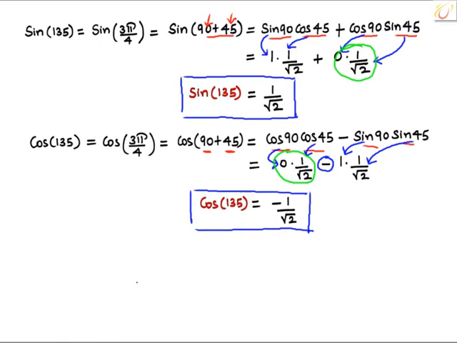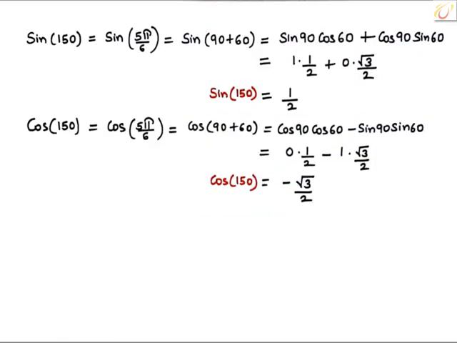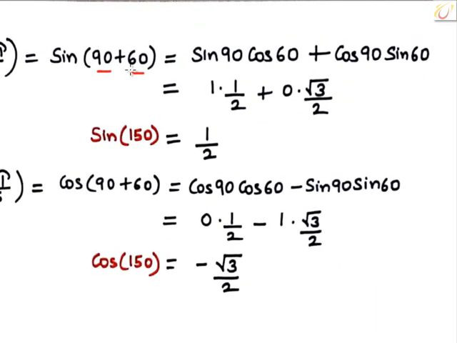Let us move ahead and try to find sine 150. So if you are getting the logic by which we are working, can you break up 150 as 90 plus 60? 90 plus 60 makes it 150. So using the formula sin A plus B, I will write sine 150 as sine 90 multiplied by cos 60 plus cos 90 multiplied by sine 60.